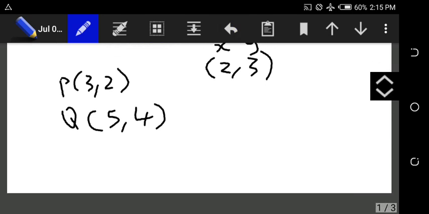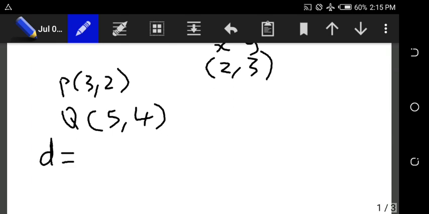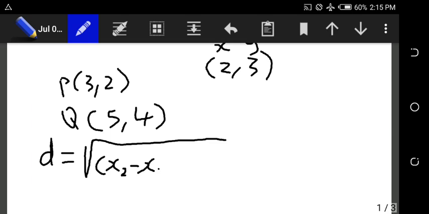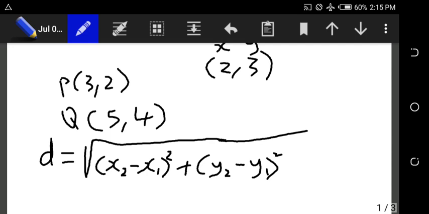There is a formula for evaluating the distance, so we have d, standing for the distance, is equal to the square root of (x2 minus x1) squared plus (y2 minus y1) squared, all square rooted.